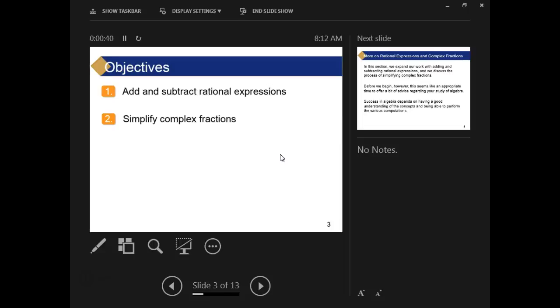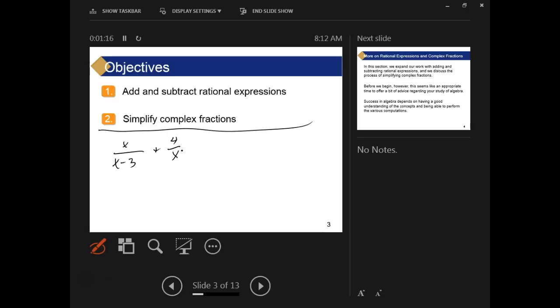Example 9 is on page 199, chapter 4, rational expressions, 4.3, adding and subtracting rational expressions. Add this rational expression: x over x minus 3 plus 4 over x.